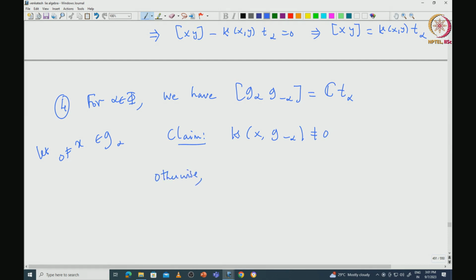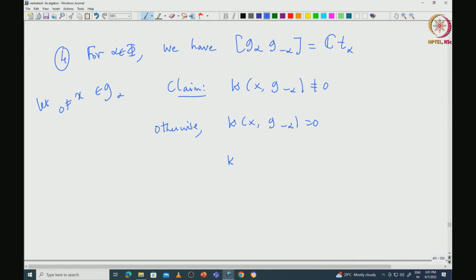Otherwise kappa of x comma g minus alpha will be 0, but then it is immediate that kappa of x comma g beta is 0 for all beta not equal to minus alpha. So that means kappa of x comma g will become 0.